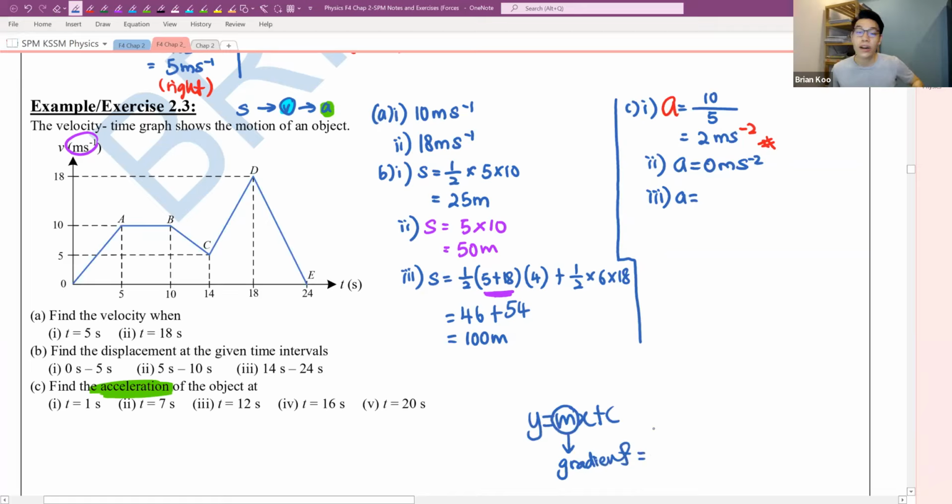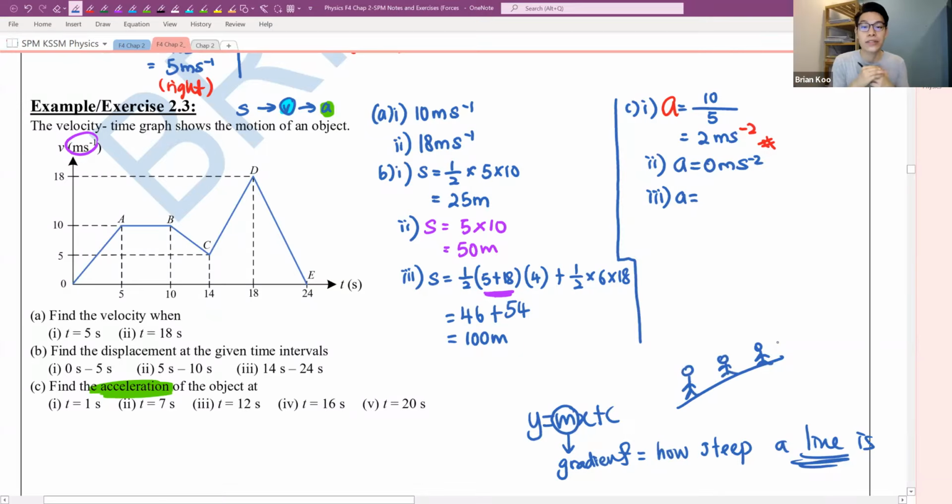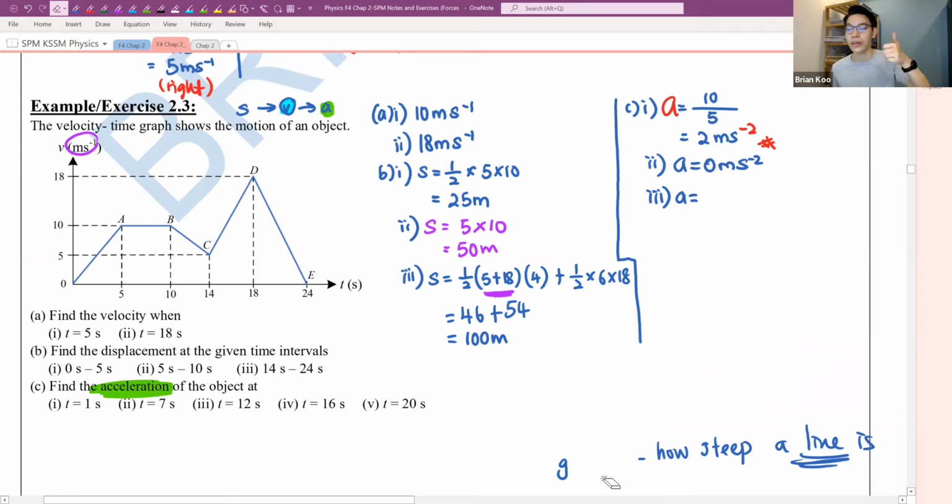Gradient actually means, this is extra knowledge, don't need to write, how steep a line is. The steepness of this line. If a person is standing here on the same line, it's all the same steepness. That's why the same straight line will have the same gradient, unless you change it, then it's a different gradient. Remember that. Okay, very good.